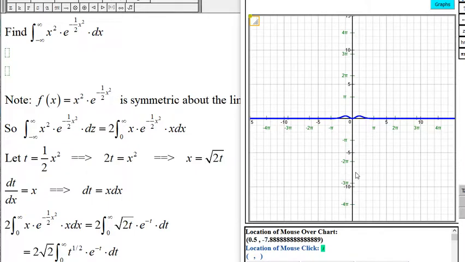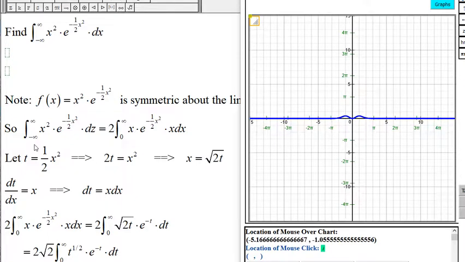Since this function is symmetric about the line y equal to 0, this integral from negative infinity to positive infinity, we can write it as 2 times the integral from 0 to infinity. From 0 to infinity gives us the area between the graph and the x-axis, and then we double it, and we get the entire area.